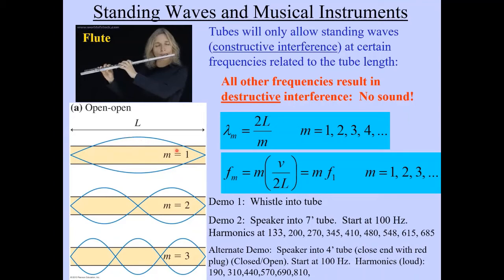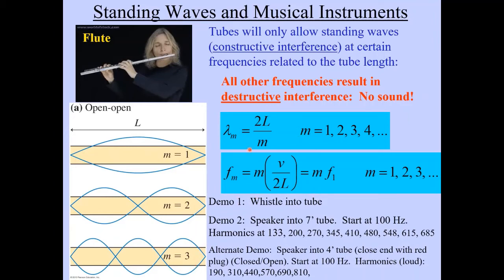And these are the first 3 modes of standing waves that are produced for an open tube. This is the mathematics here, the equations for the wavelength, 2L over m, where L is the tube length and m is the mode number: m equals 1, m equals 2, m equals 3, and so forth.